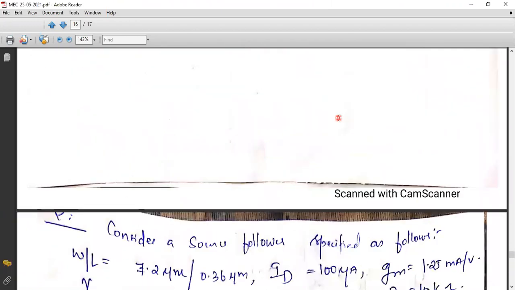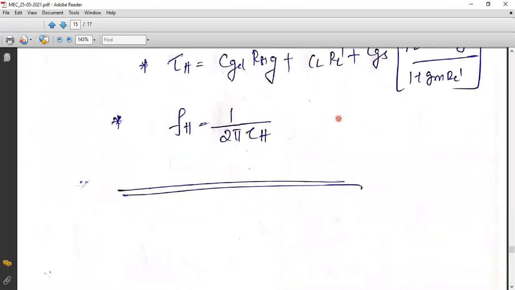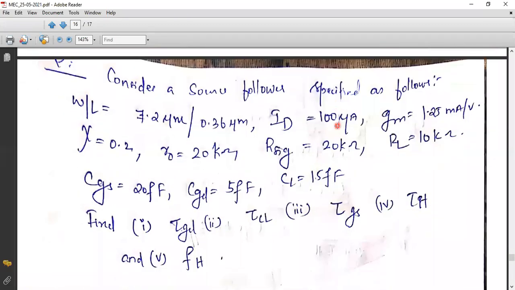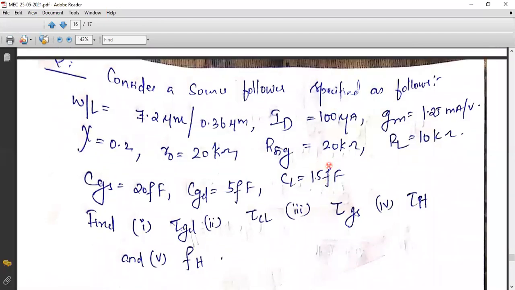So if you have completed the results of the previous analysis of the source follower, now we can go with this problem. Let's take down this numerical problem.